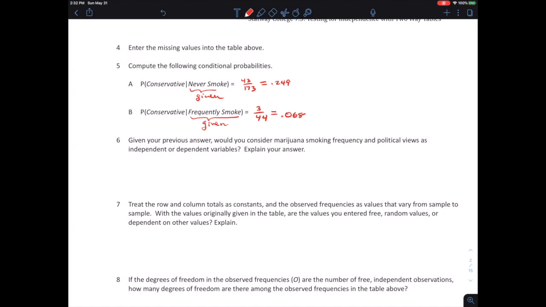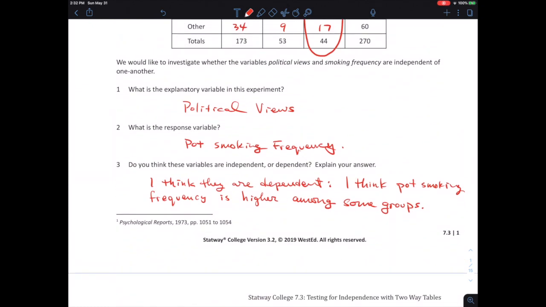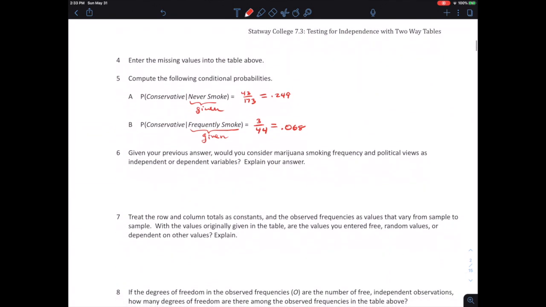Okay. So given your previous answer, and again, I'm saying that I think your pot smoking frequency depends sort of on the group you're in. If you look at this, 24.9% of never smokers are conservatives.